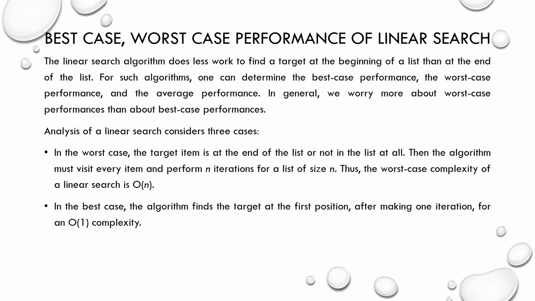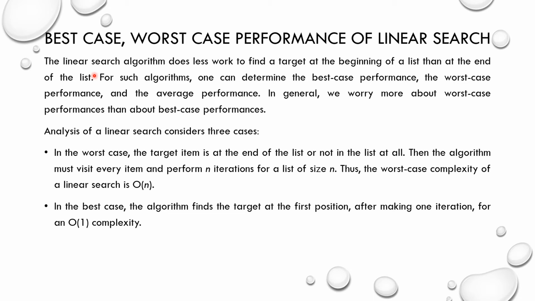Now we are calculating the best case and worst case performance of linear search. The linear search algorithm does less work to find the target at the beginning of a list. That is, if the element is present at the beginning of the list, then the linear search will be doing the minimum work. If the element is present at the end of the list, then the search will continue till the last and it is doing the complete work.